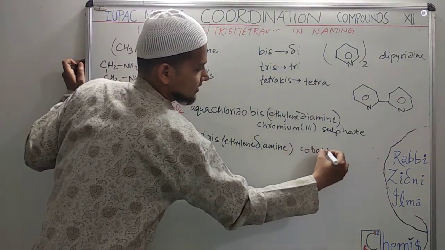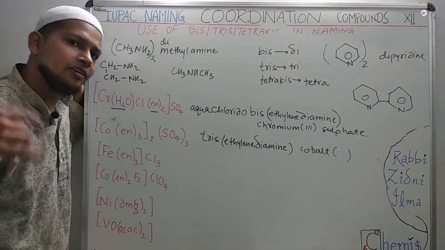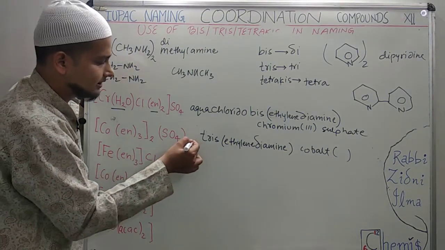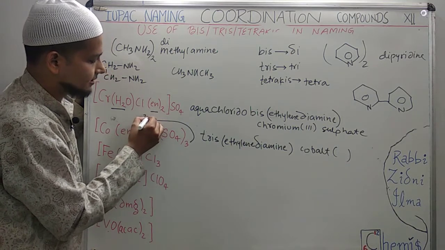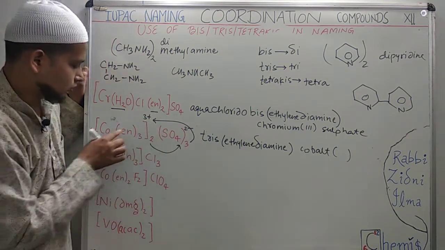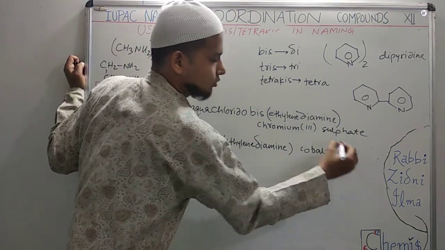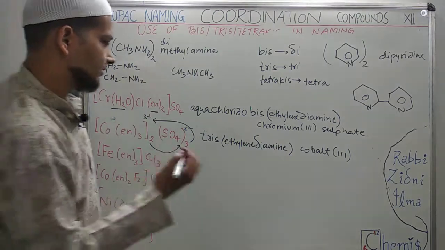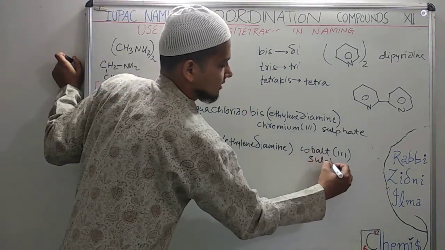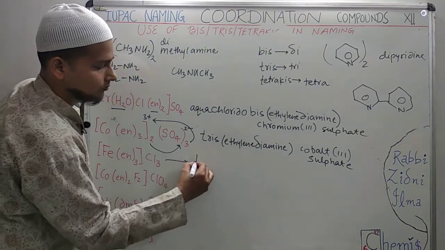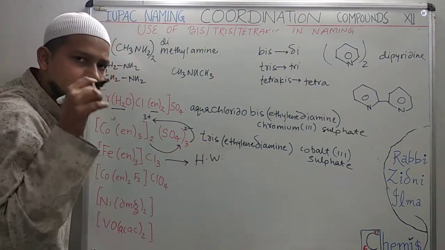Now the oxidation state is a bit tricky, but I have told you in the previous video. This is 3, this is 2. We will do the cross multiplication. This 3 comes here, it will be 3 plus, and this 2 will come here, that will be 2 minus. And the oxidation state of cobalt will be 3 in most of the cases or in all of the cases. Next is sulfate. Nothing to worry. Write down sulfate. Done. Try this. This is your homework, and tell me the answer in the comment section.